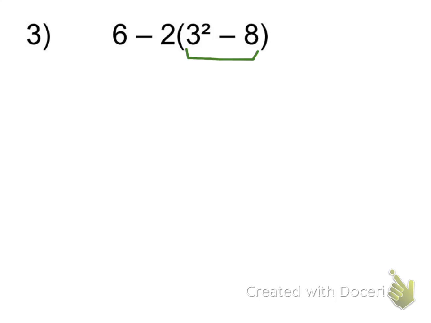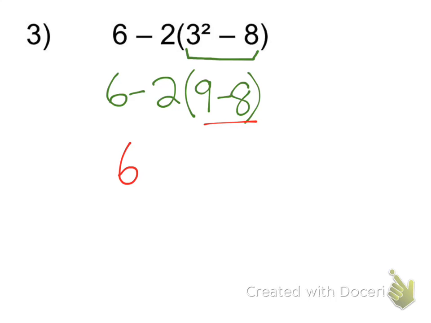So what should I do inside the parentheses first? 3 times 3, you have to take care of those exponents before you can do the subtraction. What is 3 times 3? 9, so 3 squared is 9, and then we still have the minus 8. What should we do from here? 9 minus 8. What is 9 minus 8? 1.